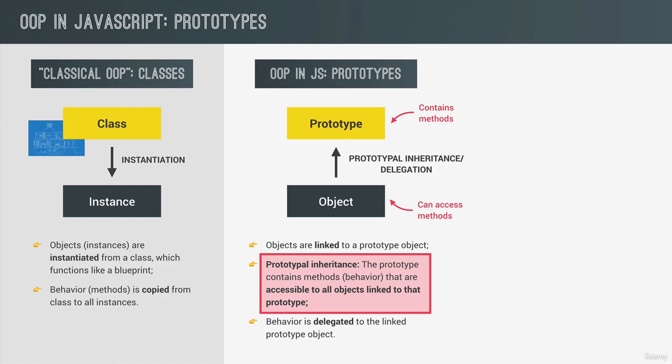Now, I don't want you to stress out about the exact terminology here, okay? So I know that this is a lot of new stuff to take in, so a lot of new words and new concepts. But this is just to paint a very clear picture and to give you the complete overview. What matters to me is that you understand how this prototypal inheritance actually works.